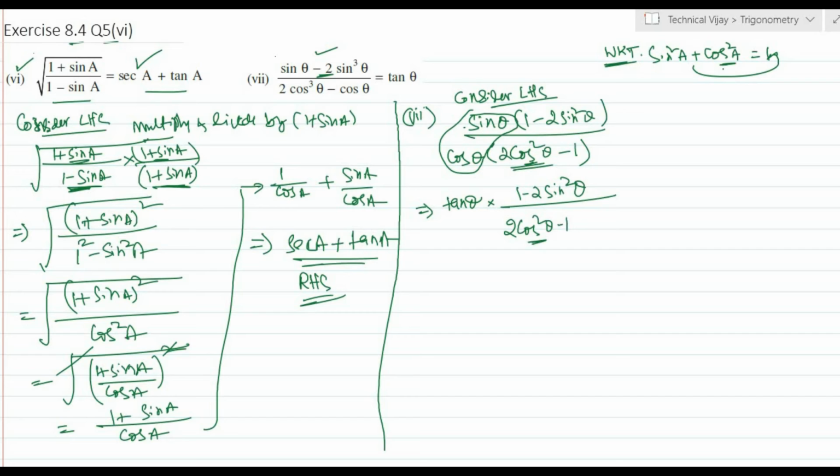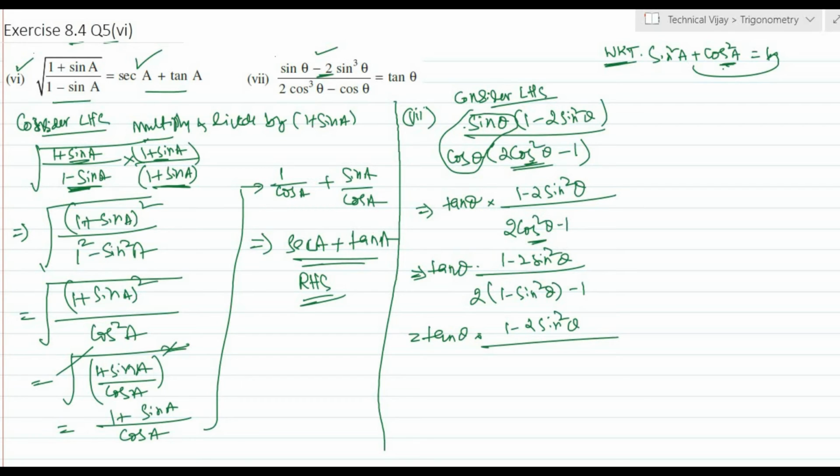So here this cos square theta can be written as 1 minus sin square theta. So this is equal to tan theta into 1 minus 2 sin square theta, numerator as it is, divided by 2 into 1 minus sin square theta minus 1. That is tan theta into 1 minus 2 sin square theta divided by 2 minus 2 sin square theta minus 1.